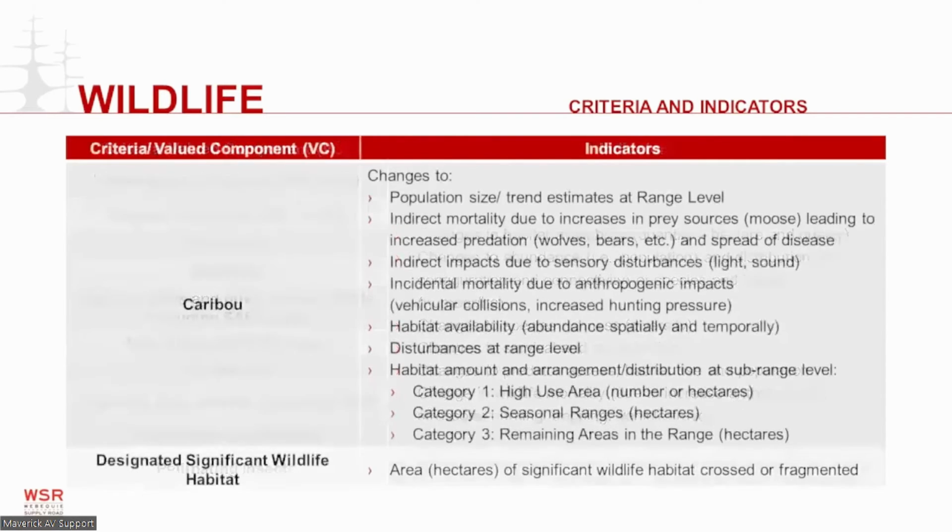The indicators, or the ways of measuring those, could be, for example, changes to habitat availability, the quantity of habitat available. Is that impacted by the road? Could be changes to abundance, meaning actual numbers, or the distribution, the spatial distribution, where these animals are over the land or water. Could be changes in species richness, and when we talk about that, we mean the diversity of species, the number of different species.